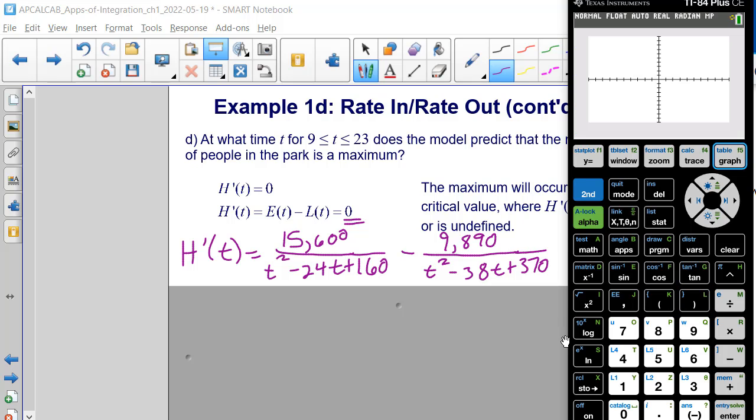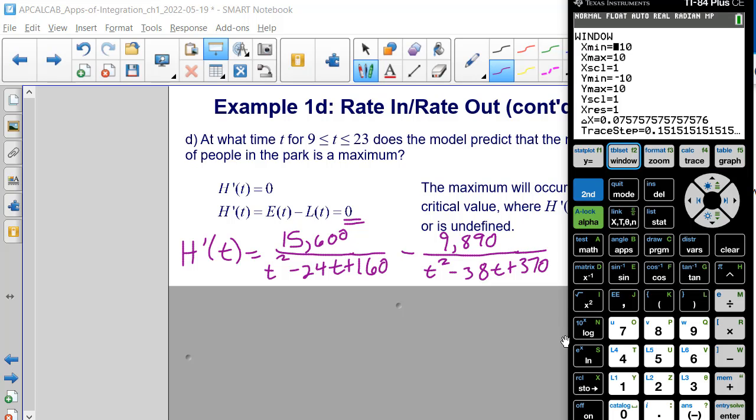And then if we go to graph, I didn't think it would appear here. So let's adjust our window. Well, our x values generally range from 9 to 23. So I'm going to make it -1, and I'll go up to 25.